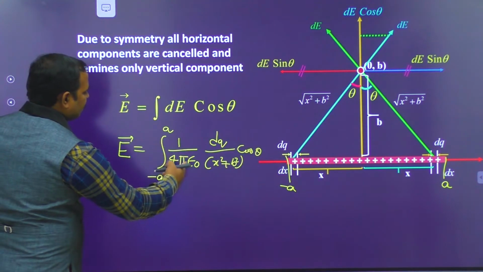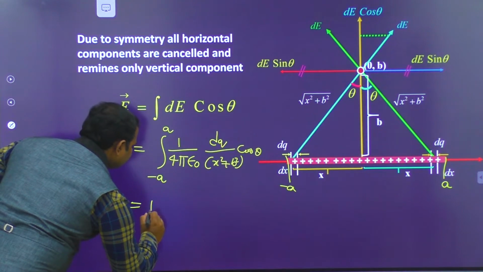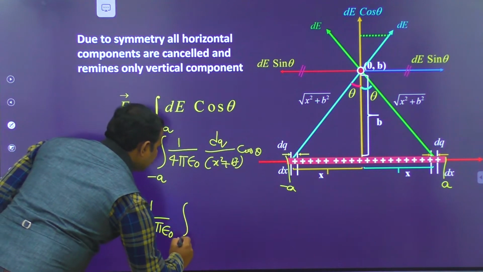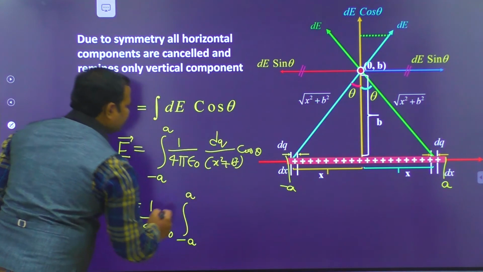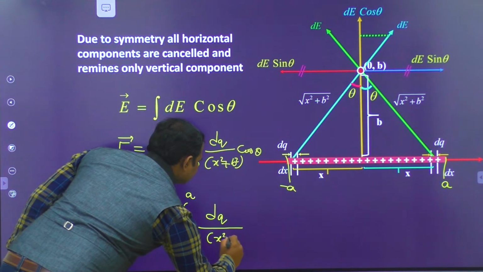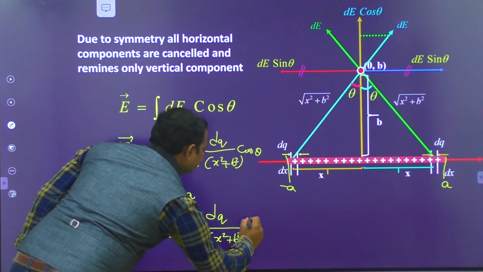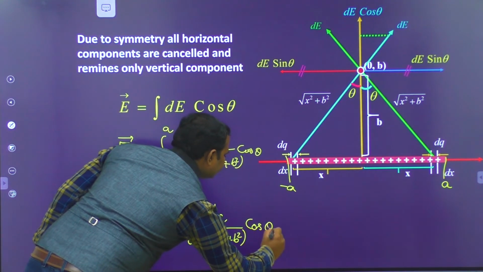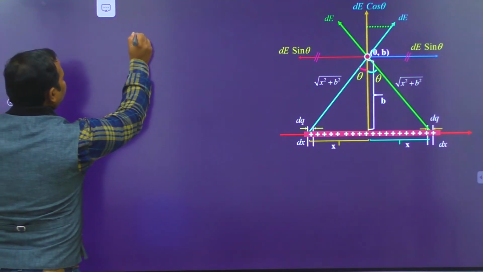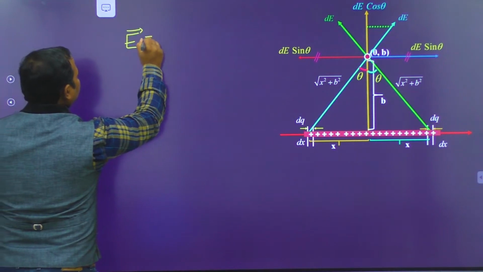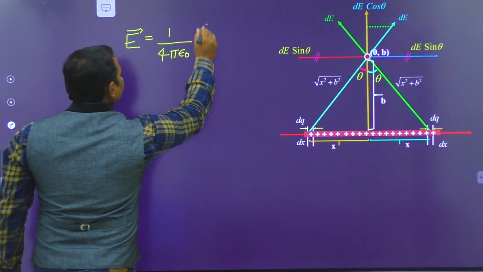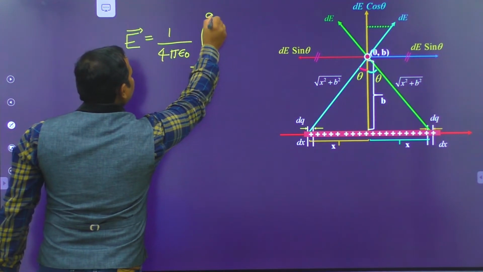Now let us write, 1/4πε₀ is constant, so let us bring it out. E = (1/4πε₀) integration from minus a to plus a of dq/(x² + b²) into cos θ.